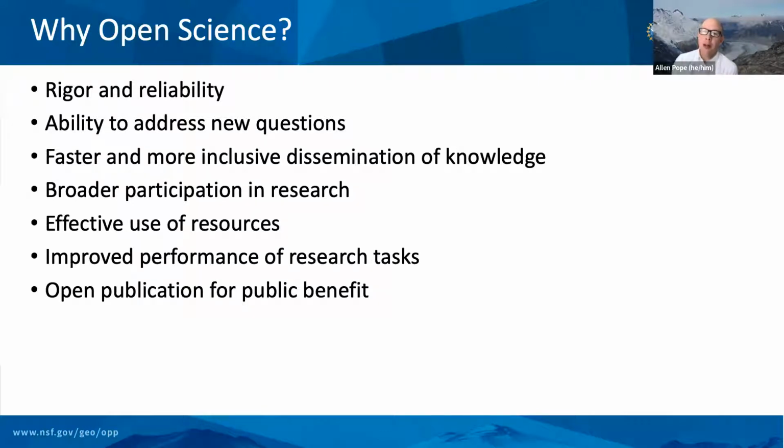If you put out what you've done, then other people can more effectively and more easily use it without, say, paywalls or other barriers in the way. Improved performance of research tasks, the same as what I was just saying before. And again, open publication for public benefit. NSF is public money, and so it makes sense that the public should have access to your research and research products as well.